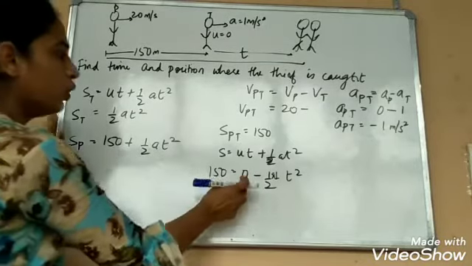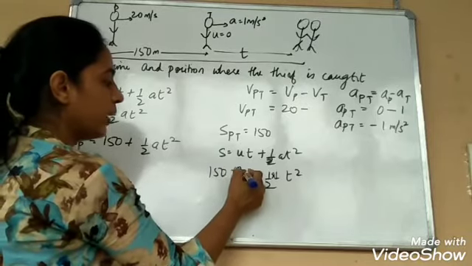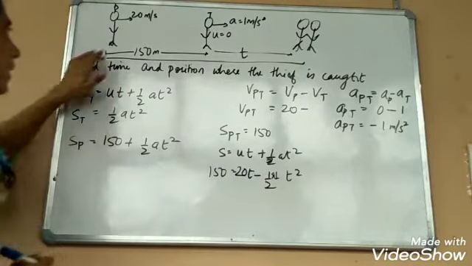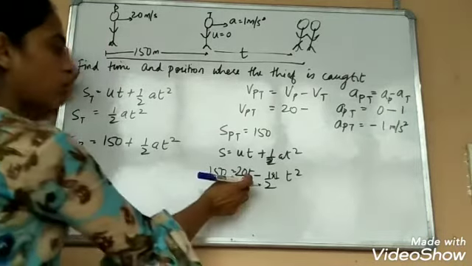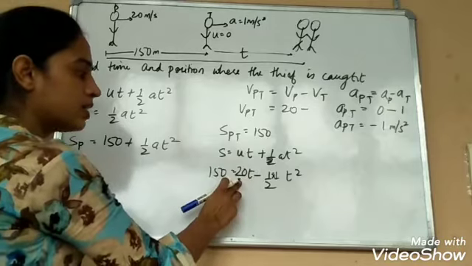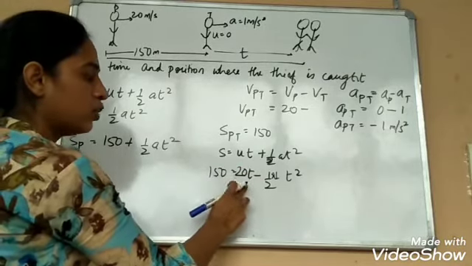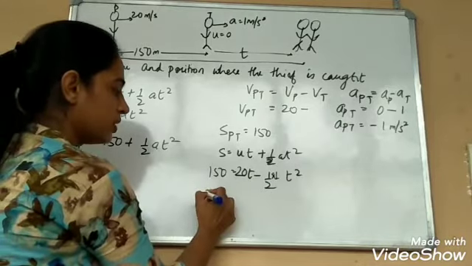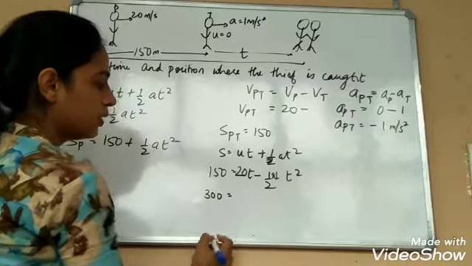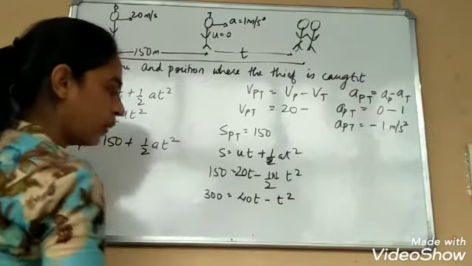Here you have to find ut, which will be equal to 20t, right? Why 20t? Because the police is running with a speed of 20 meter per second, so his initial velocity is 20 and time is t. So 150 is equal to 20t minus half t square. So this is 300 equals 40t minus t square.